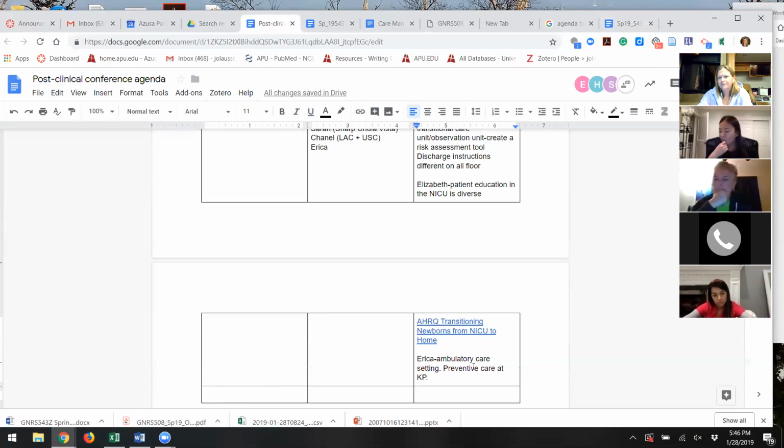So for transitional care, I don't know if I'm going in the right direction, but I'm thinking preventive care can prevent chronic disease from progressing and getting worse, which can prevent admission. But from the outpatient setting, what I observed in the clinic is there are a few ways. One is the patient going home just after their primary care physical checkup.